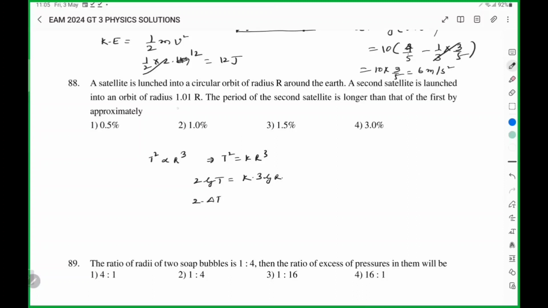Differentiating, 2 delta T by T equals 3 delta r by r, with delta r by r being 0.01. So delta T by T into 100 is 1.5%.